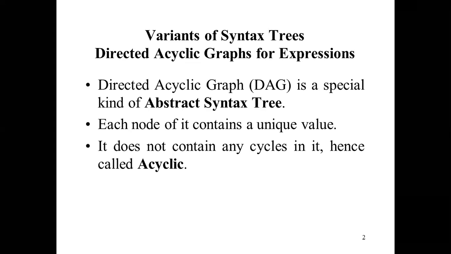In the case of the syntax tree, we divide our expression and consider the left node and right node, and after that we again divide the left node into different children and again the right node into different children. The sub nodes are divided again, so at the end we reach the children nodes. But the directed acyclic graph is a little bit different from the syntax tree.